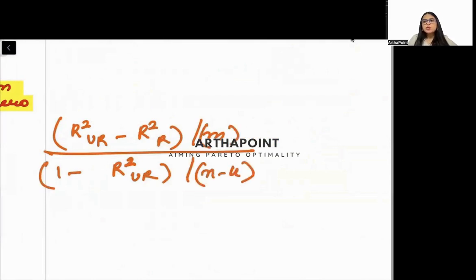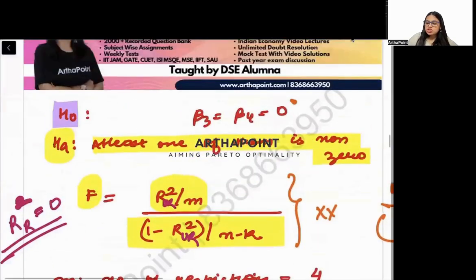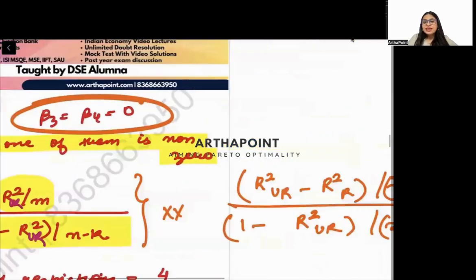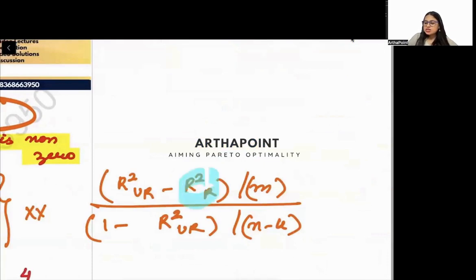So please try to understand that had it been the case that I would not have put restriction on all betas, then there would have been existence of R square restricted.